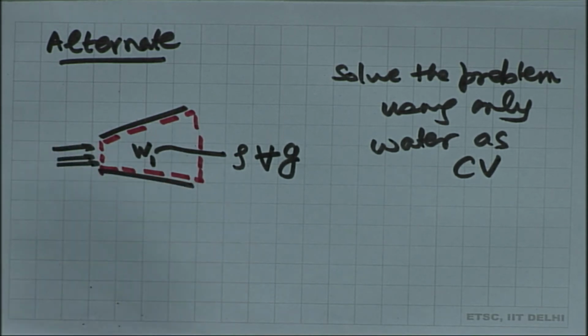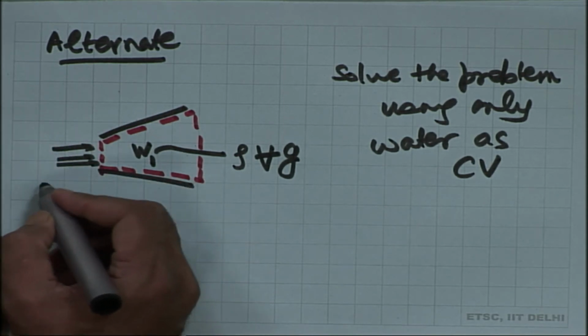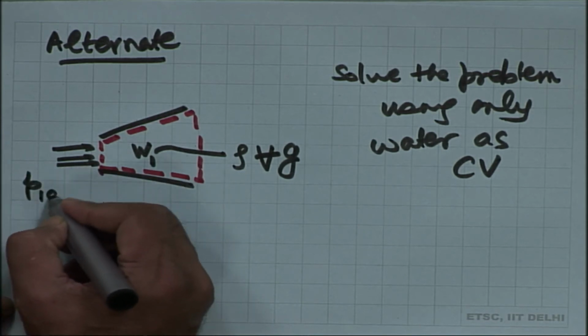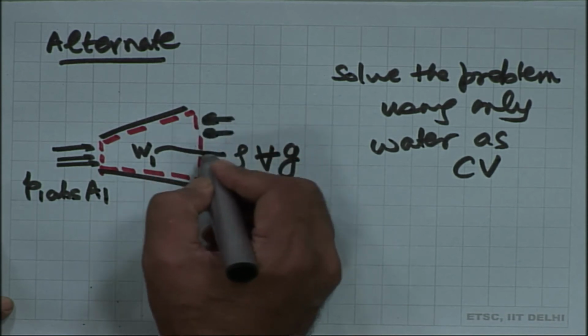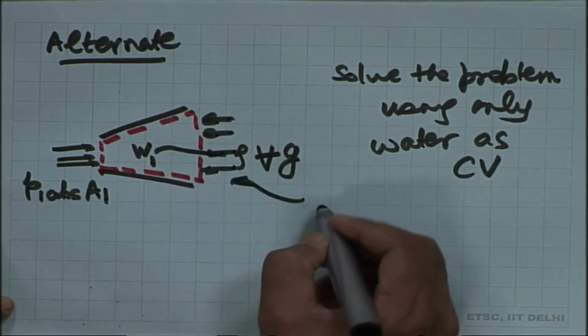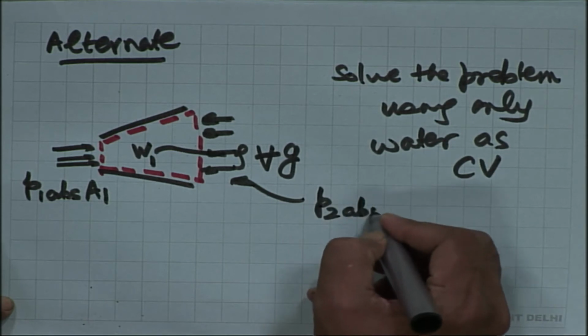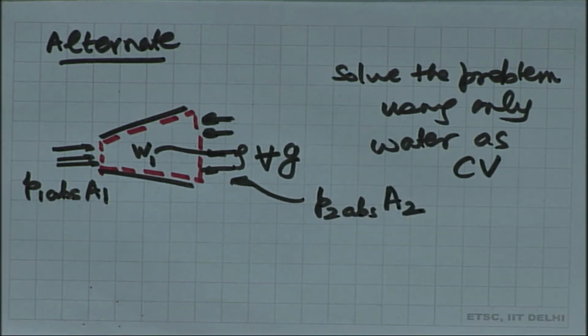The pressure on this side, we talk of P1 absolute times A1, is the force due to pressure, and P2 absolute times A2 is the force of the pressure on the other side.